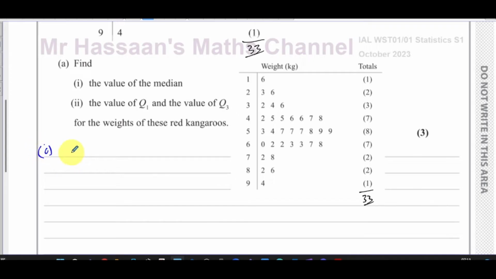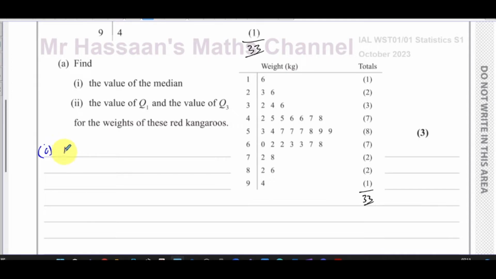I personally prefer this particular way because it helps us with the quartiles and makes life a bit easier for us as well. It is the way that is explained in the book as well, although there are alternative methods of doing this.